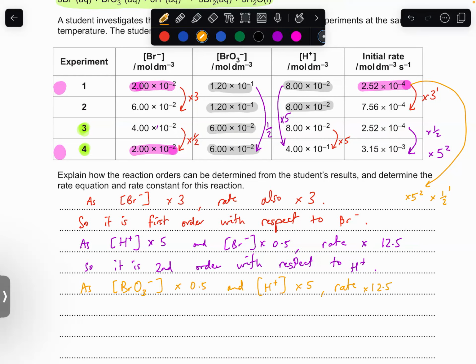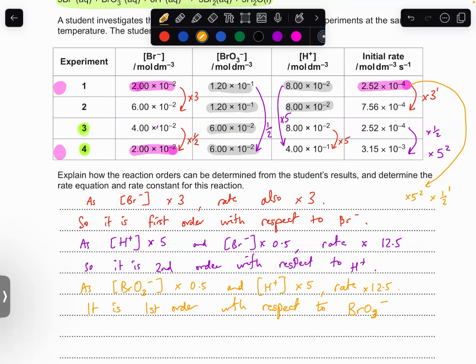And from there, we can deduce that it is first order with respect to BrO3 minus.